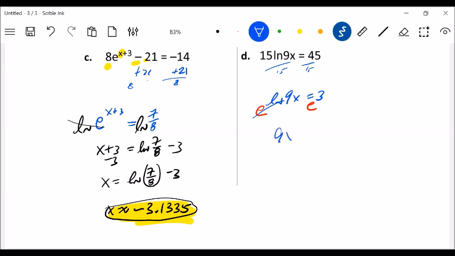Since that cancels out, we have 9x equals e cubed. And we divide by 9. x equals e cubed over 9, which is approximately 2.2317.